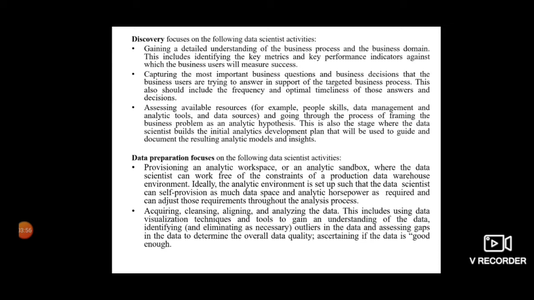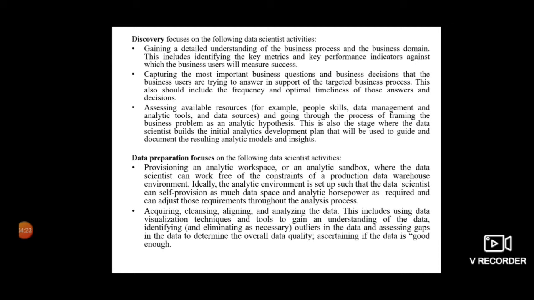The next phase of the data scientist life cycle involves data preparation. In this data preparation, the data scientist has to provision an analytical workspace or an analytical sandbox where he has to work free of the constraints of a production data warehouse environment.